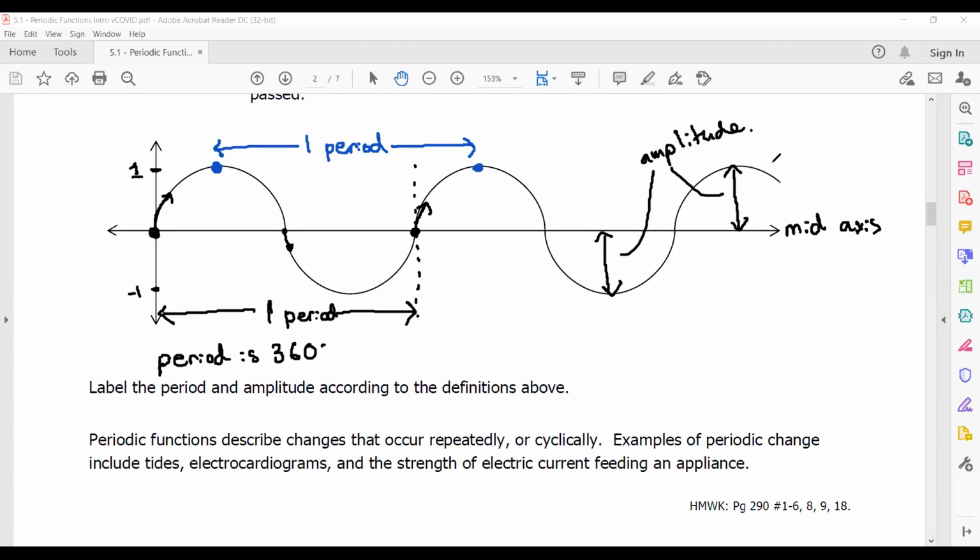So if this is going up to a +1 and this goes down to a -1, right? Depending on which part you look at, you can say the amplitude is 1 or -1, right? So just to keep this consistent and keep things from getting confused, we just say that the amplitude is 1. I go up by 1 or down by 1. The value is 1, the absolute value. Okay, the value is 1.